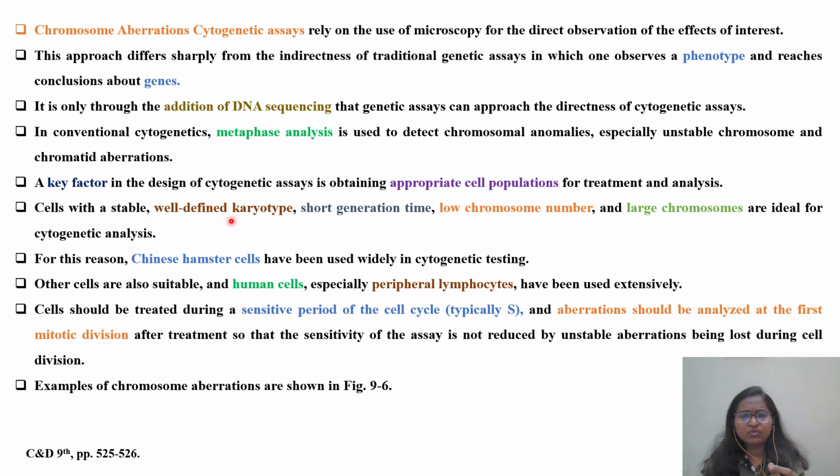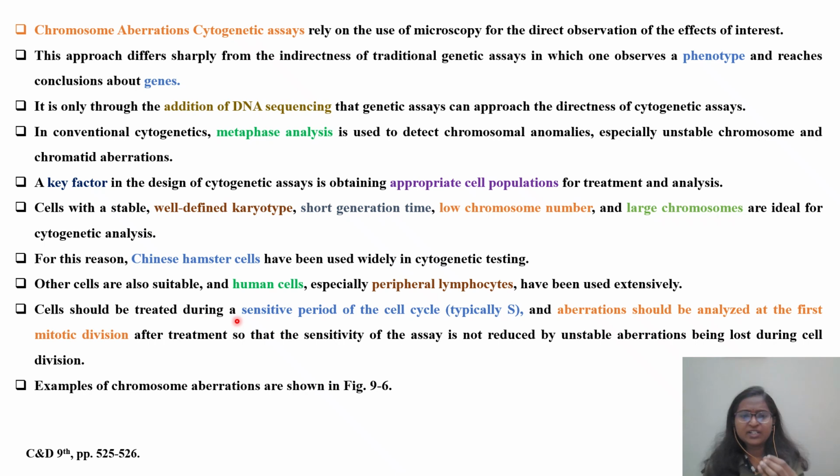Cells with a stable, well-defined karyotype, short generation time, low chromosome number, and large chromosomes are ideal for this cytogenetic assay. For this reason, Chinese hamster cells have been used widely. Other cells are also suitable, like human peripheral lymphocytes, which have been used extensively, but the preferable choice will be Chinese hamster cells.